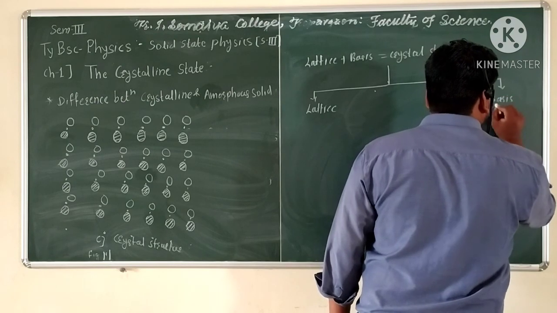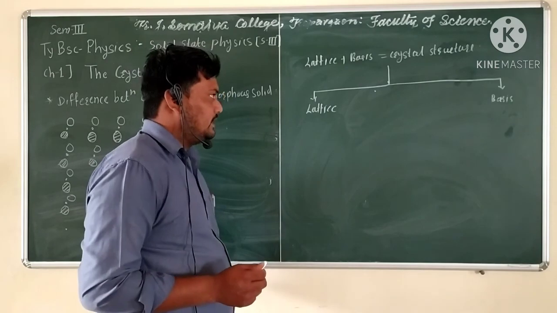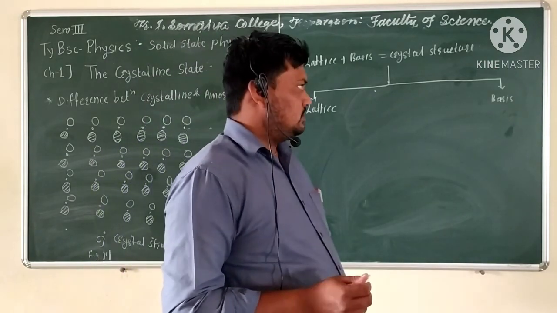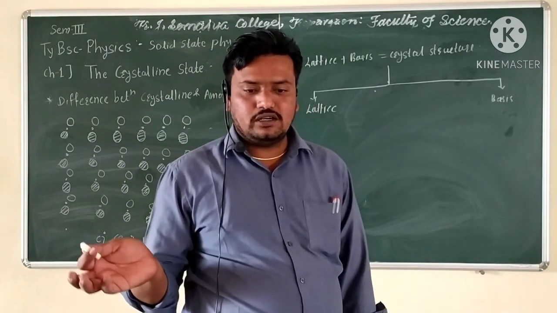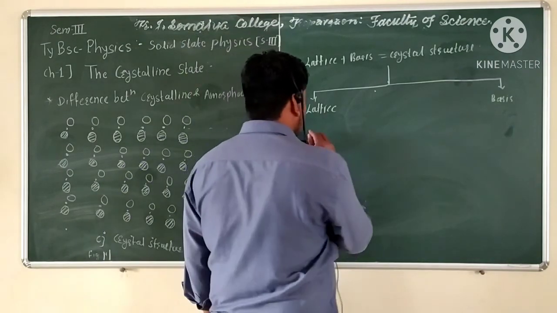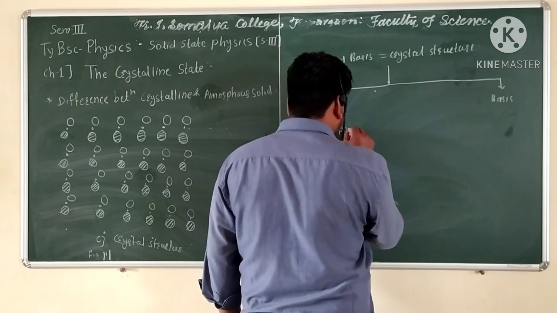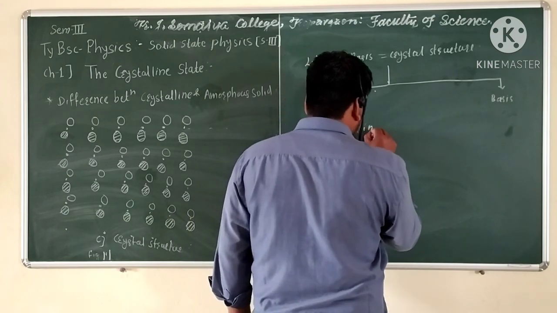So what is meant by basis? The basis is the structural unit of the lattice, which is considered an atom, molecule or ion, and these are arrayed in an identical way in the lattice.